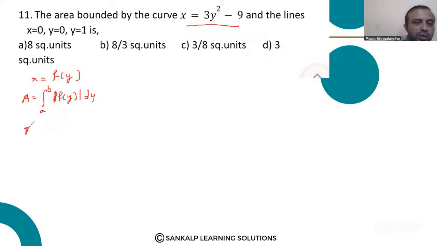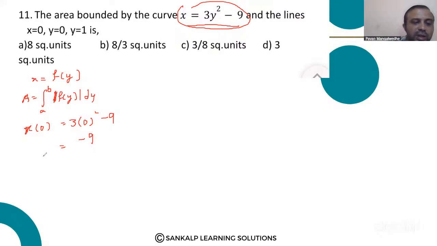So here x of 0, because if you treat y as 0, x is 3 into 0 square minus 9. In the given equation, substitute y is equal to 0, then it will become minus 9.